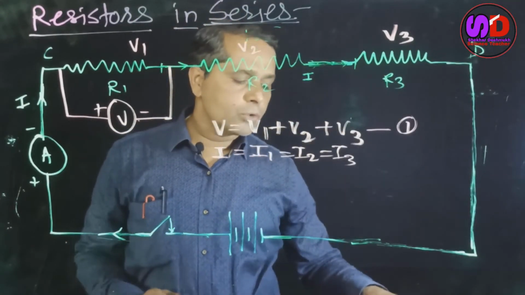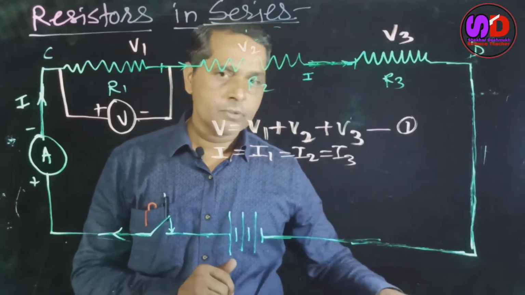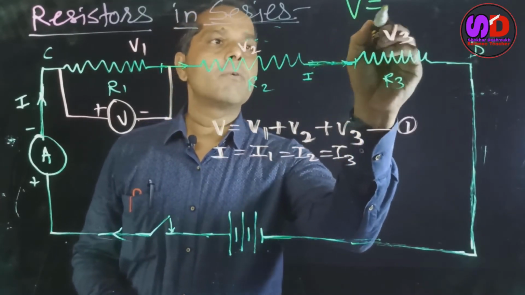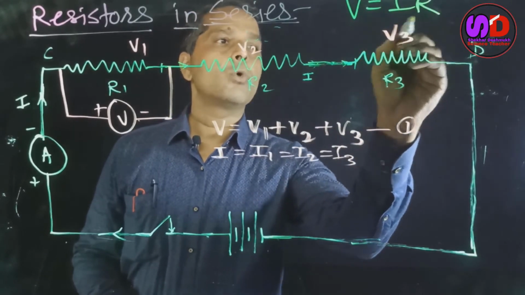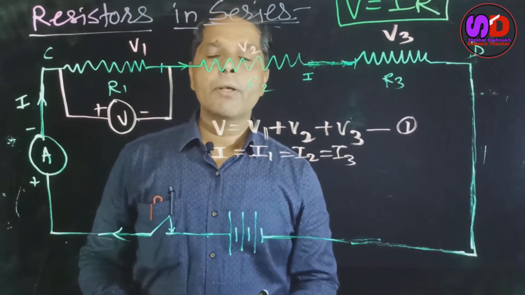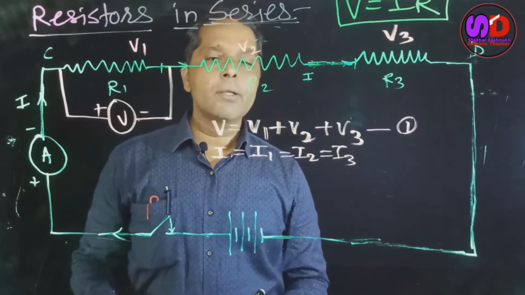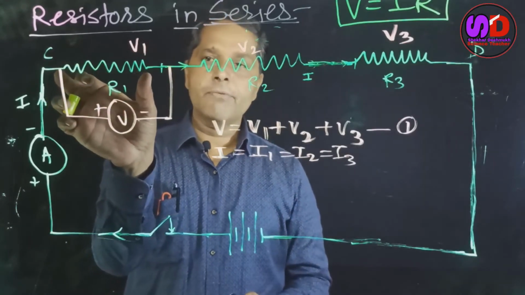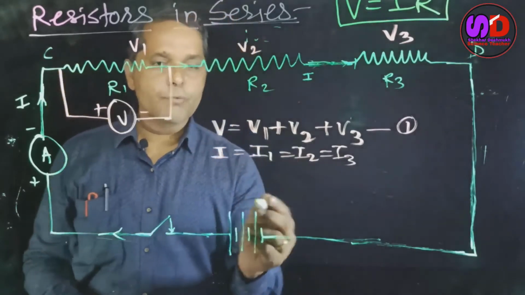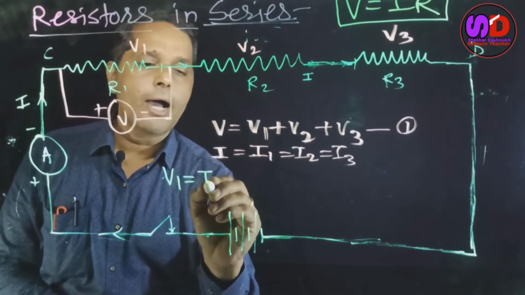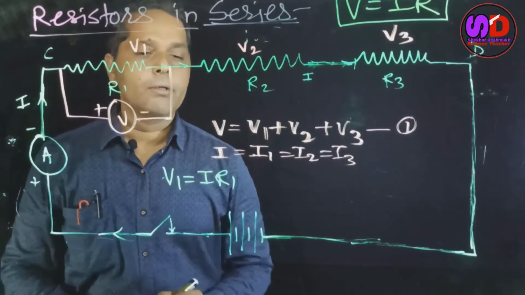So if we use Ohm's law, what is Ohm's law? Ohm's law is V is equal to IR. So what is V1? V1 means the potential difference across R1. So we can write V1 is equal to I into R1.